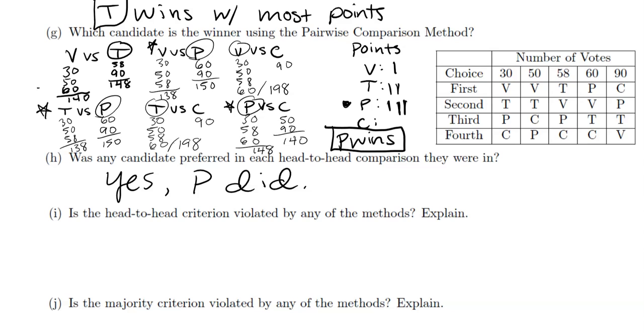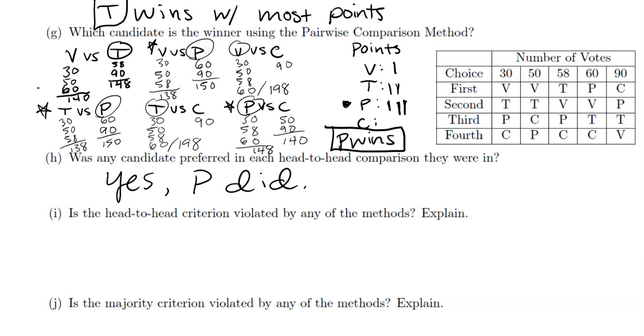So then the next question asks, is the head-to-head criterion violated by any of the methods, meaning the voting methods that we did above? Now notice we actually did have this candidate that won every head-to-head comparison they were in. So what we should have then to satisfy the criterion is P should be the winner.